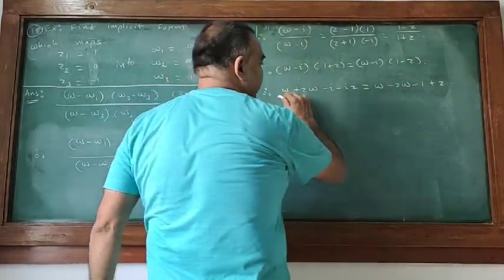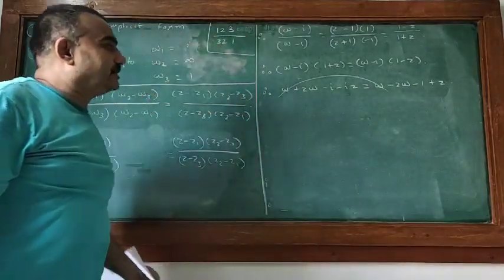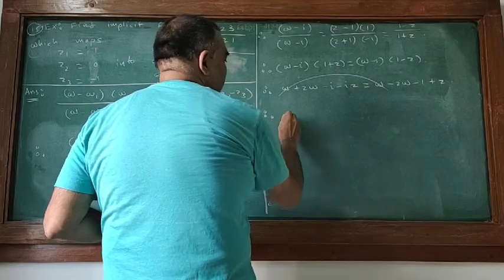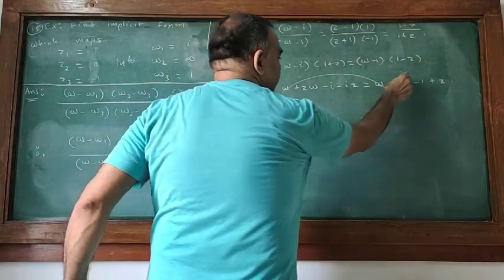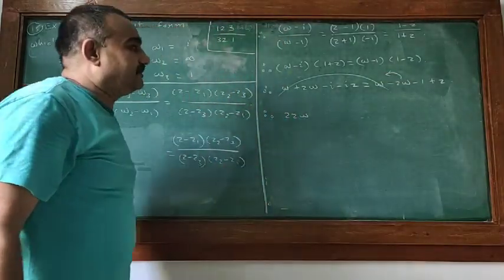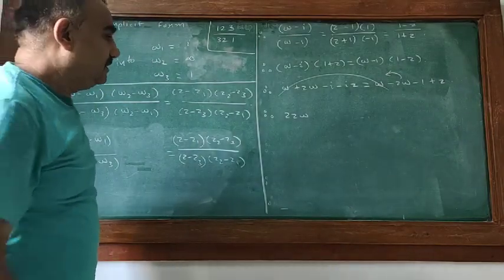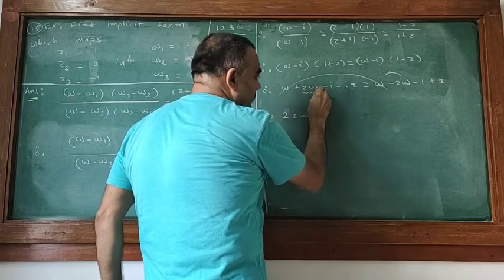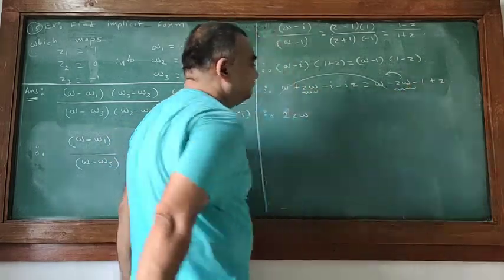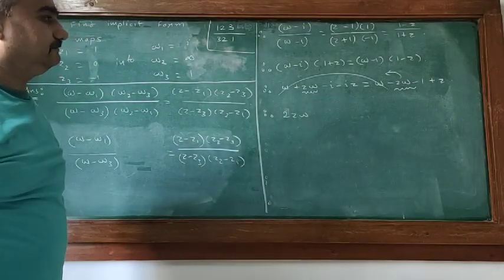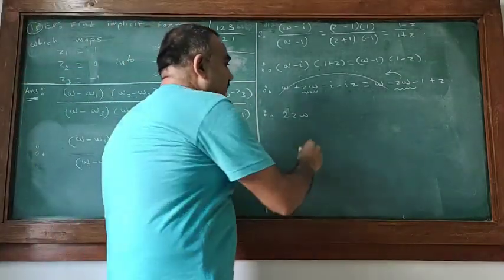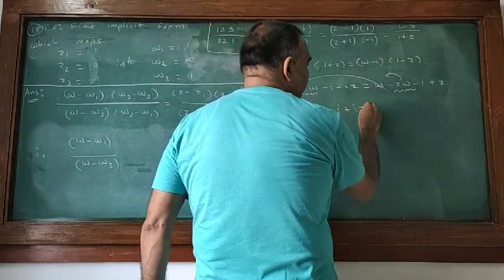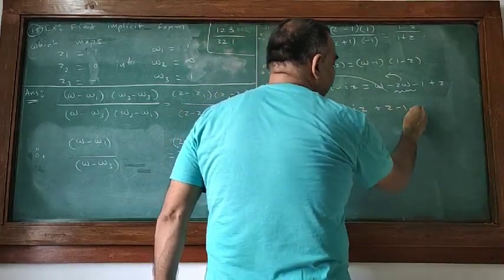Now we cancel out the same values from both sides. We transfer this from that side, so it becomes 2z omega. This is 2 z omega plus z omega, equal to i plus iz plus z minus 1.